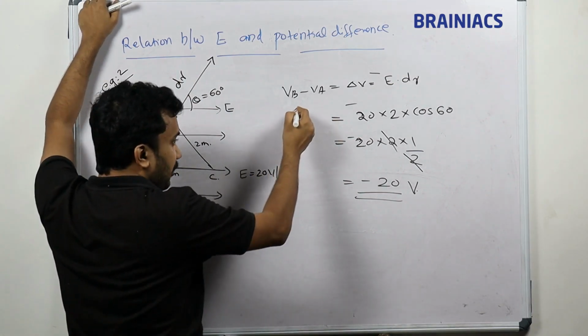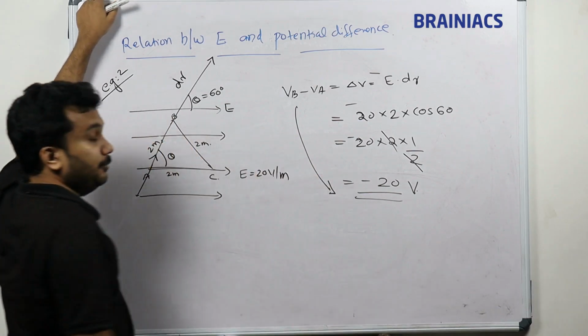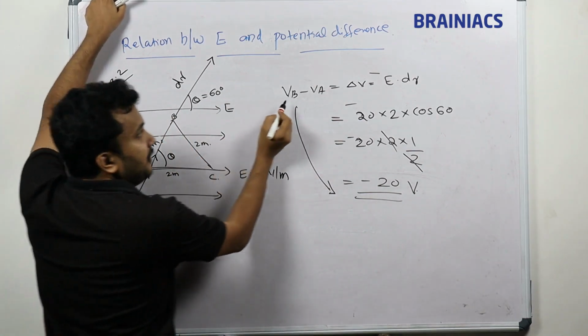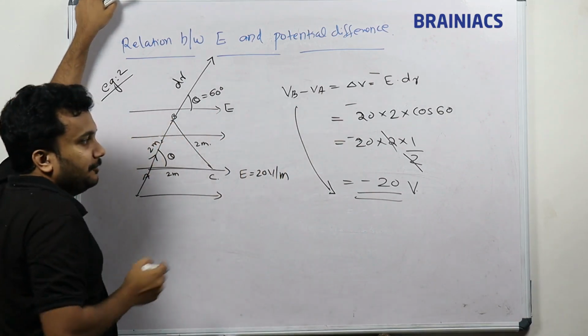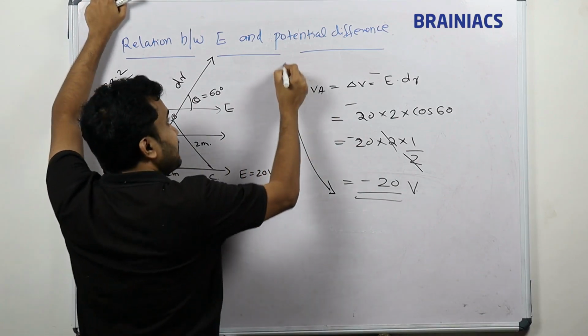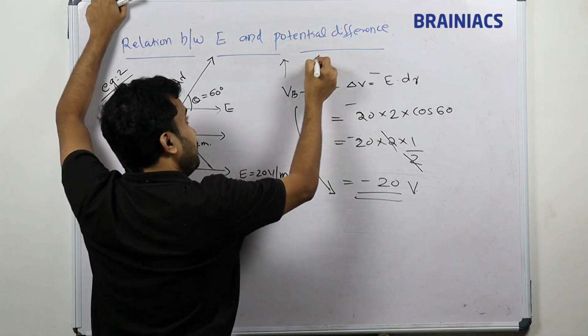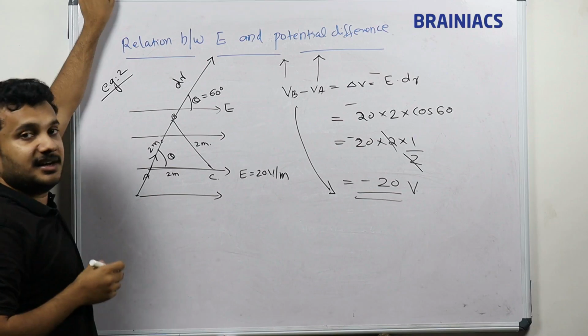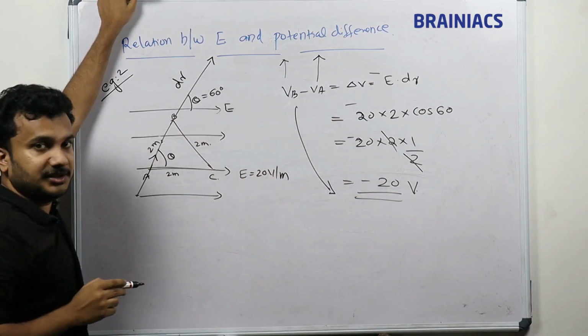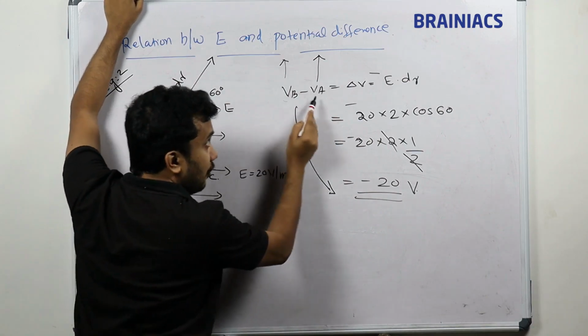Now one beauty of this relation we have to analyze. It is not just about memorizing things. VB minus VA, we got a negative value. Can you tell me whether VB is higher or VA is higher?